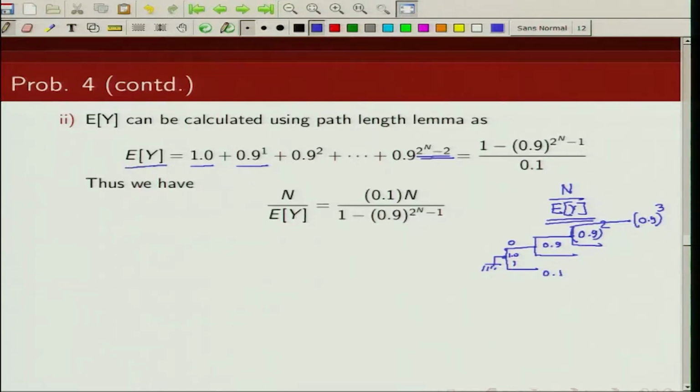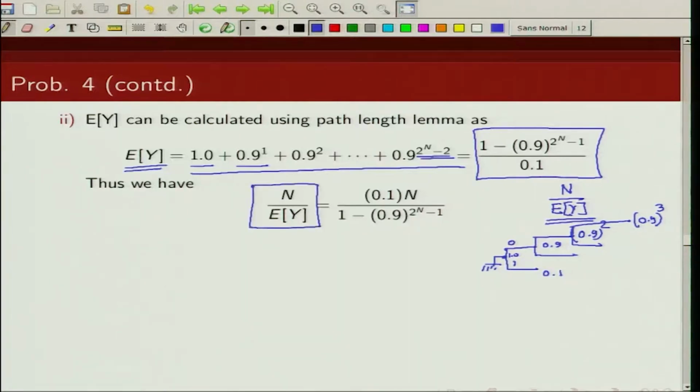So the expected code word length in the case of this run-length coding can be written like this, and this is equal to this. Then the ratio of n divided by expected value of y comes out to be this.